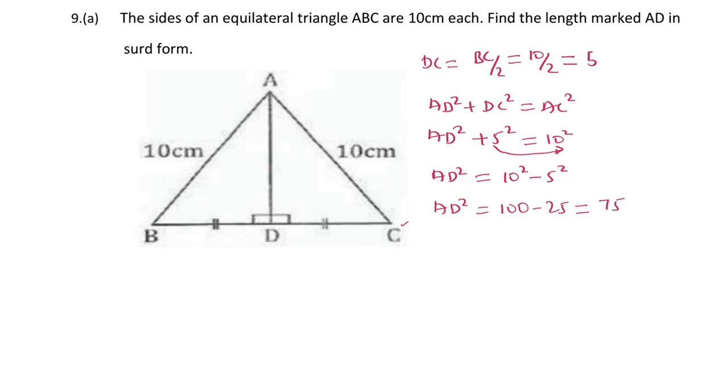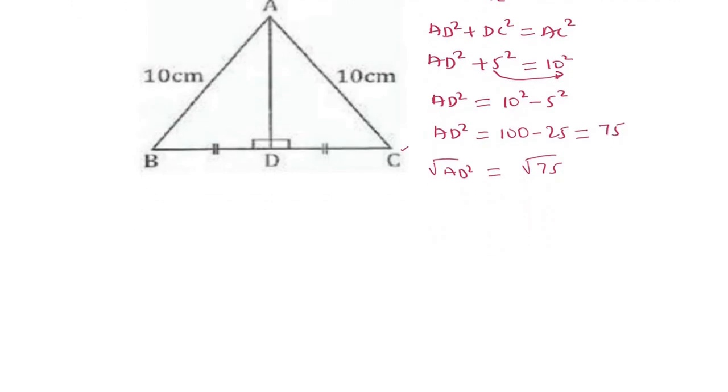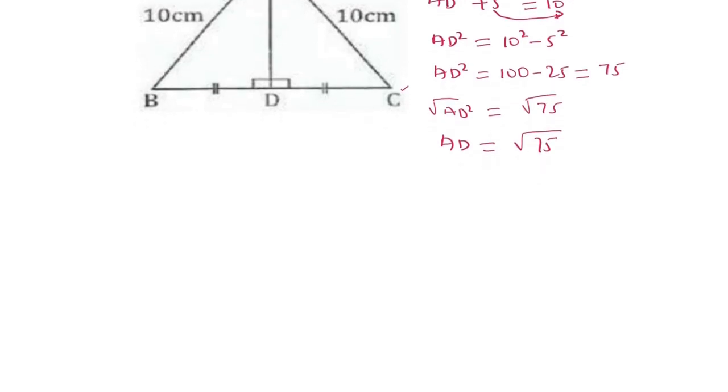Let us now apply the root both sides. Then we are having under root AD squared equals to under root 75, of which this becomes AD equals to under root 75. Okay, so now let us express the prime factor for 75.